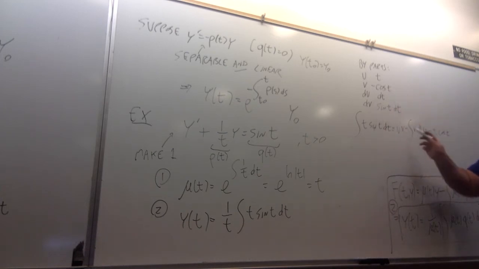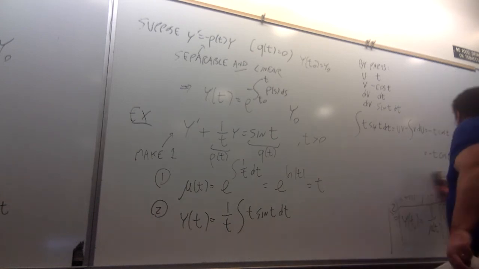So a minus and minus will make a plus. So it's plus integral of cosine t dt, and the integral of cosine is just sine. Okay, so that is what the integral works out to.